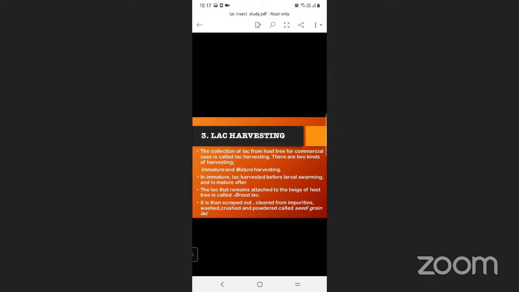It is then scraped out, cleared of impurities, washed, crushed, and powdered into seed or grain lac. So these two types, immature and mature harvesting, are involved in this particular harvesting.